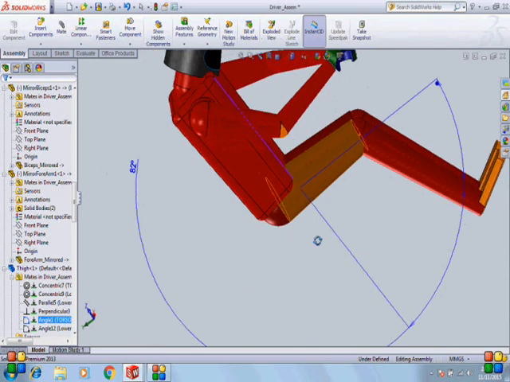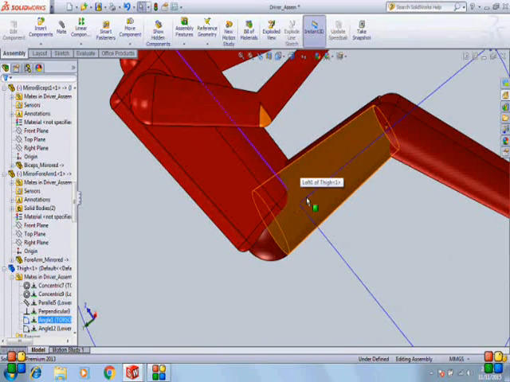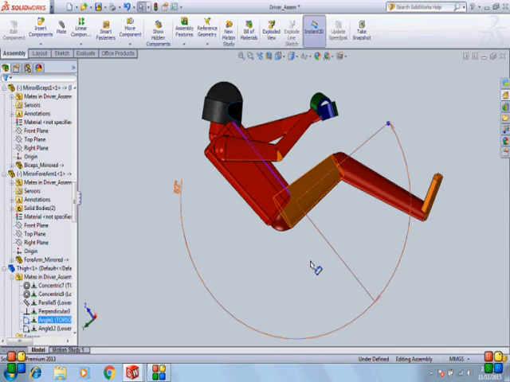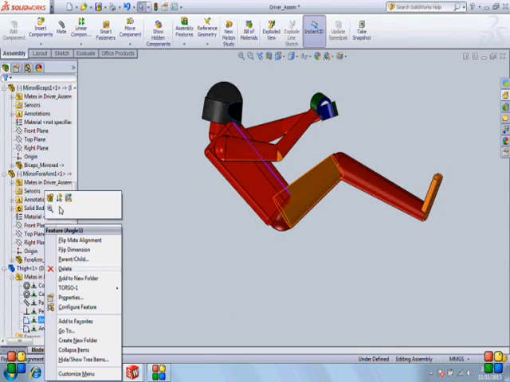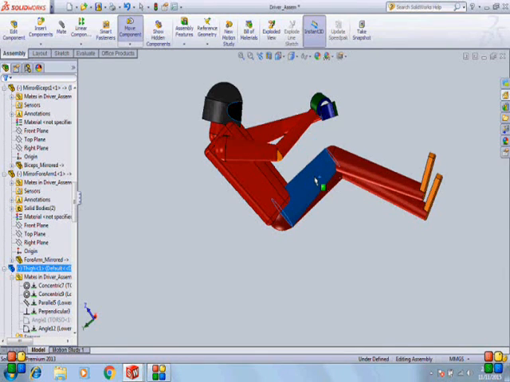Now you can see that this is the angle that we are talking about over here, the angle between the thigh and the torso. So this decides the seating position, how much upright your driver has to be. So if I suppress this mate, then I can take the leg of the driver up and down like this.